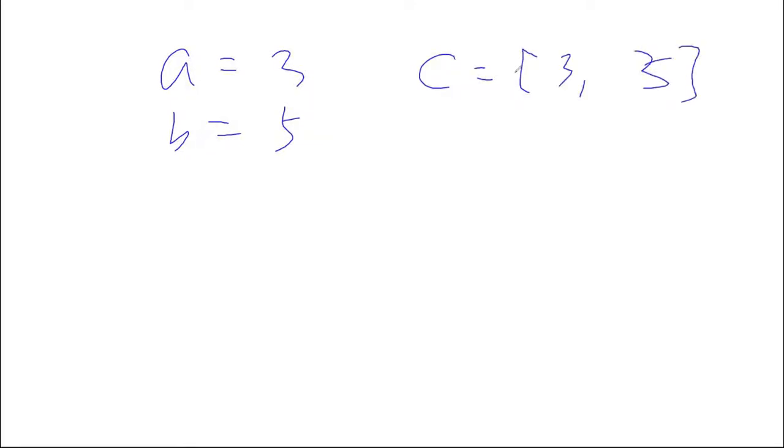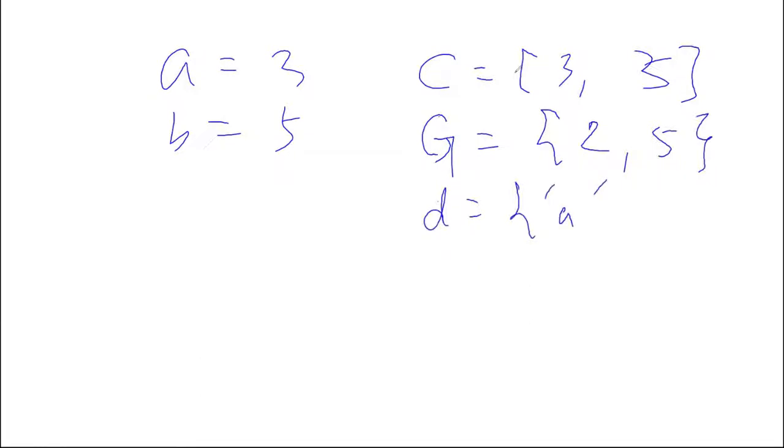We talk about numbers, so we can have A equals 3, B equals something, right? And we can have C equal a combination of numbers, that's a list, right? We can have, say, G equals some set, right? And we can have some D equals a dictionary, right?